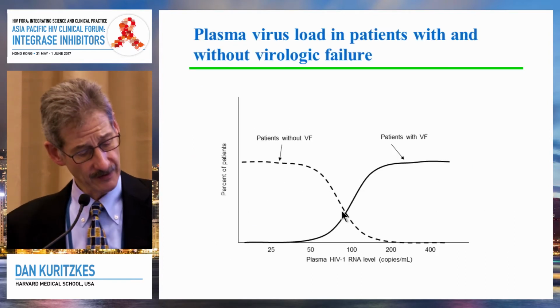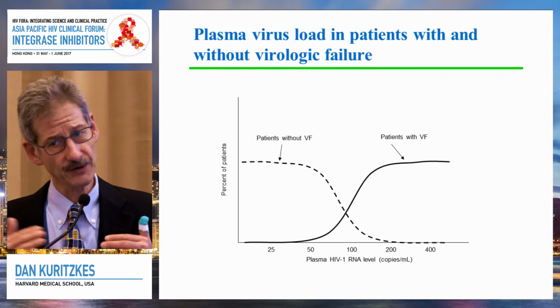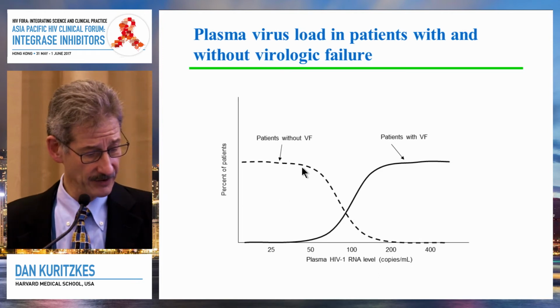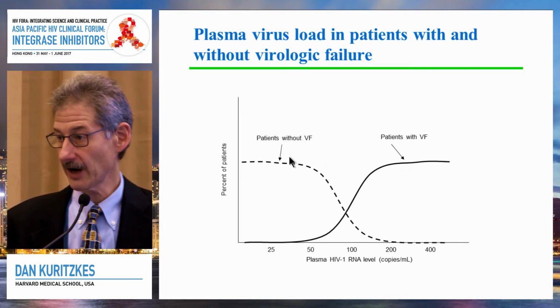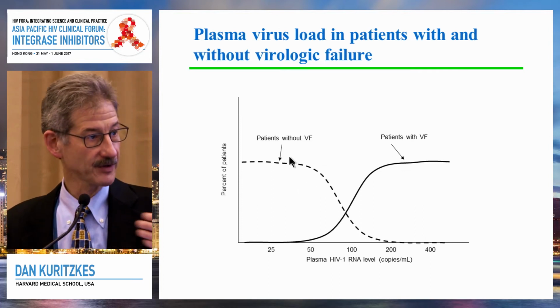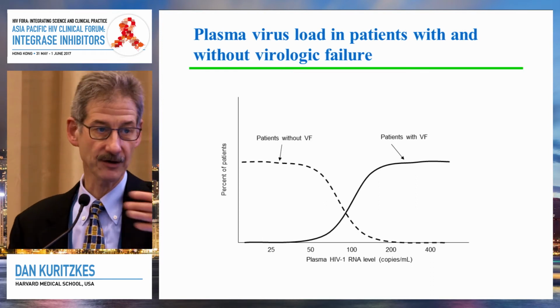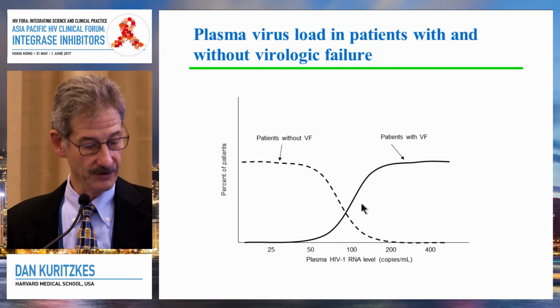So this slide here, this cartoon, is meant to illustrate the clinical difficulty that we face, because many patients with low-level viremia don't have virologic failure and are not at risk for failure, but represent this category of people who are producing virus that is not actually replicating. But some of them are actually on the road to virologic failure.